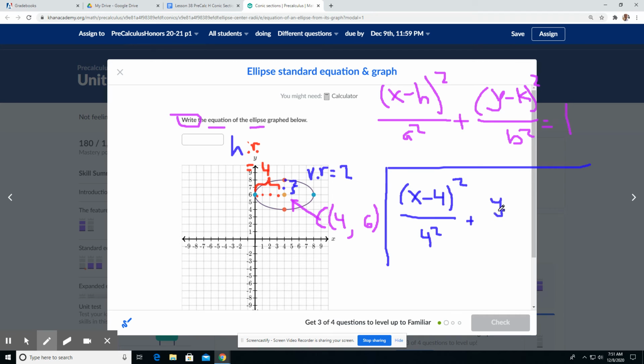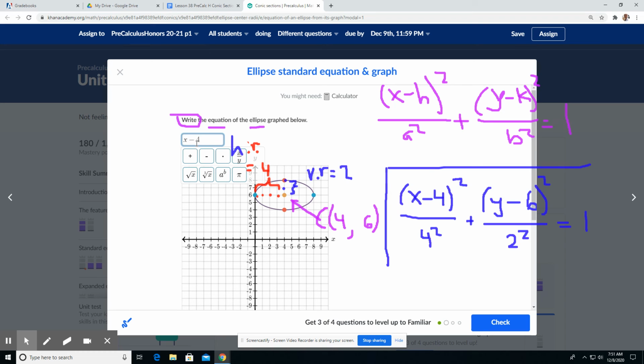Plus y minus the k portion, which is the y portion of the center, which is 6, squared over the vertical radius, which is 2. So that gets squared, and it's always equal to 1. Then we just type it in. x minus 4, in parentheses, gets squared.